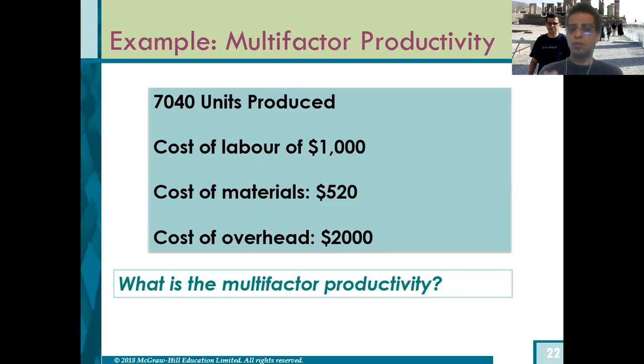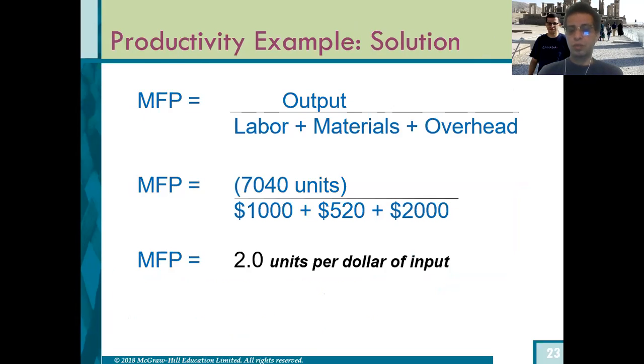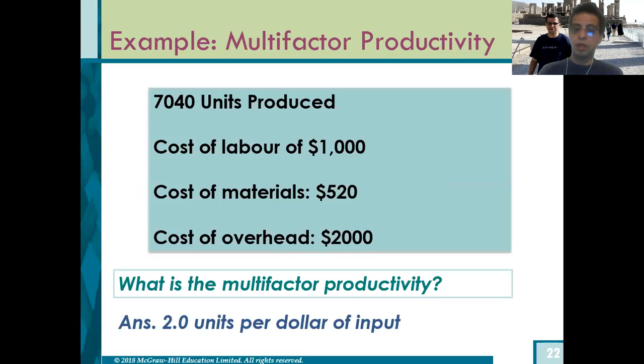So what is the multi-factor productivity? You divide the whole units by the total in dollars, and it becomes two units per dollar. So you produce 2 units for each dollar you spend in this situation.